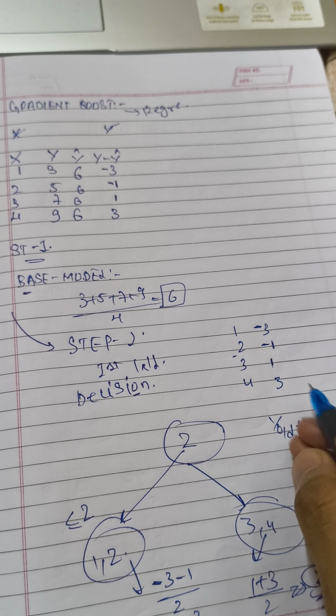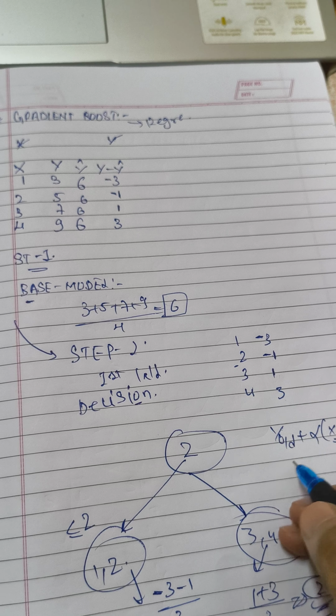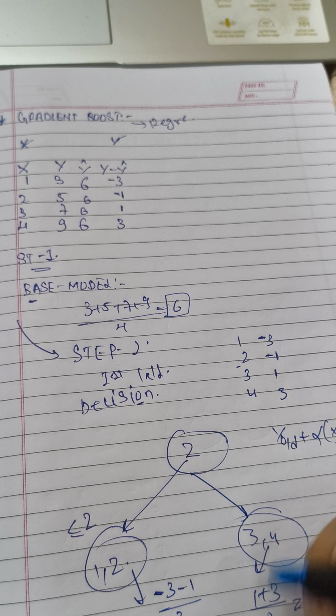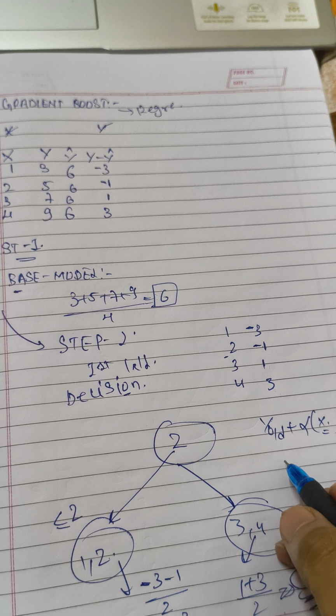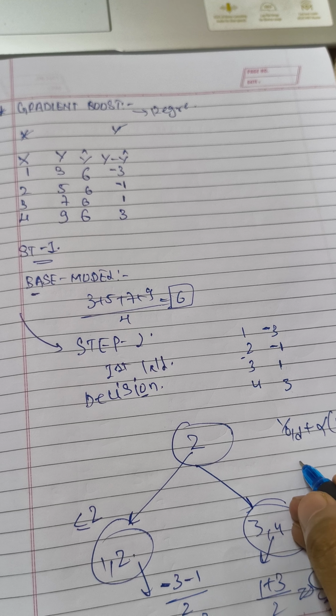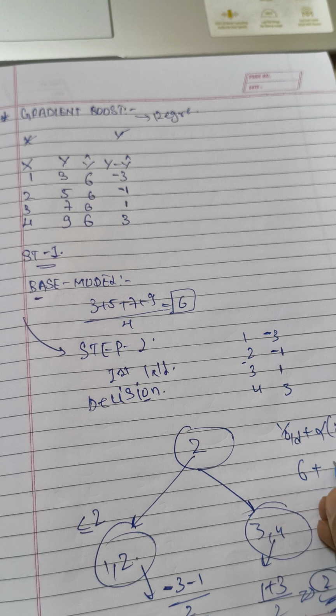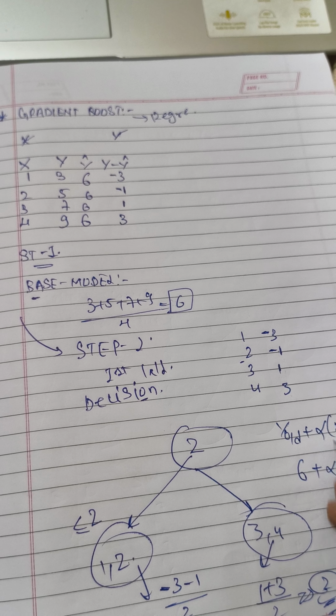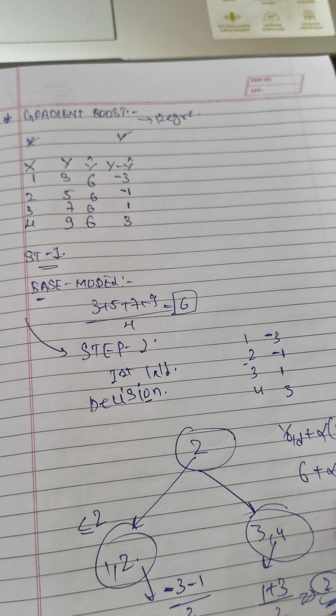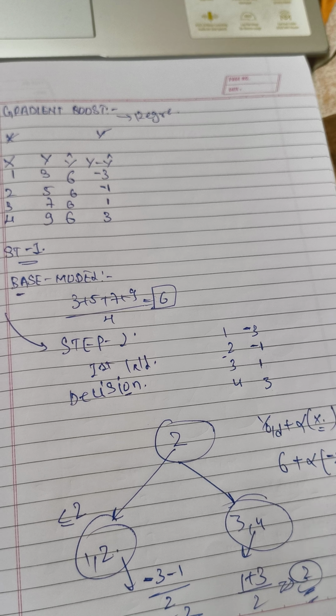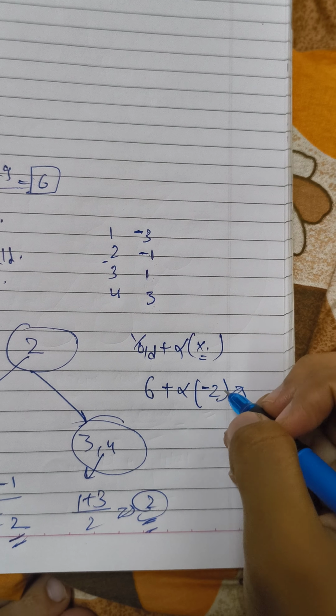Suppose I have taken 1. So for 1 my old model had predicted that its value should be 6, plus alpha into this residual, that is minus 2.